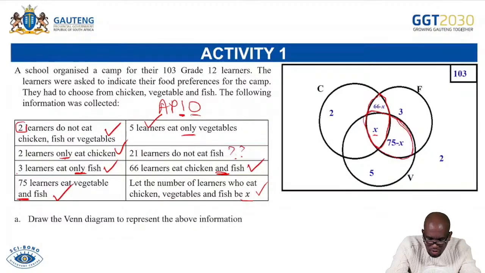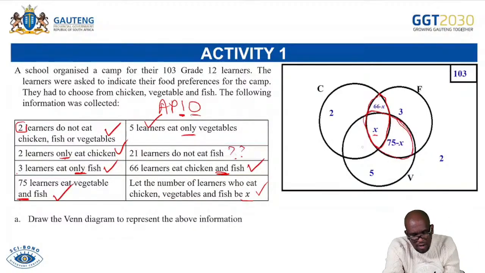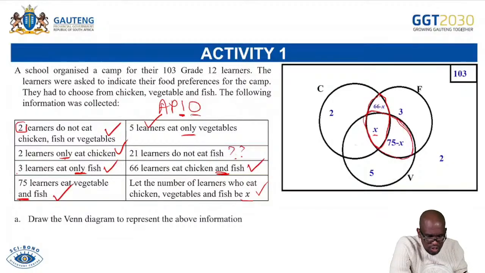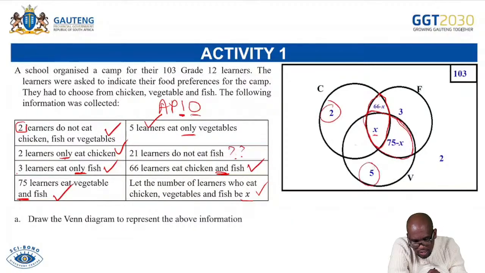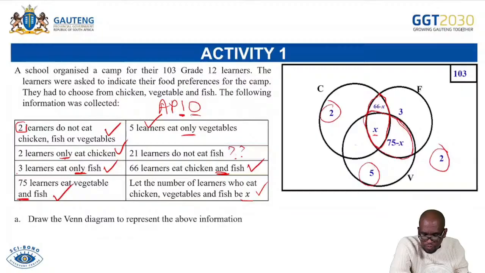21 learners do not eat fish, so it will allow us to fit in the space. The number of learners that do not eat fish is these ones and these ones, so all of them should add to 21, including these ones.